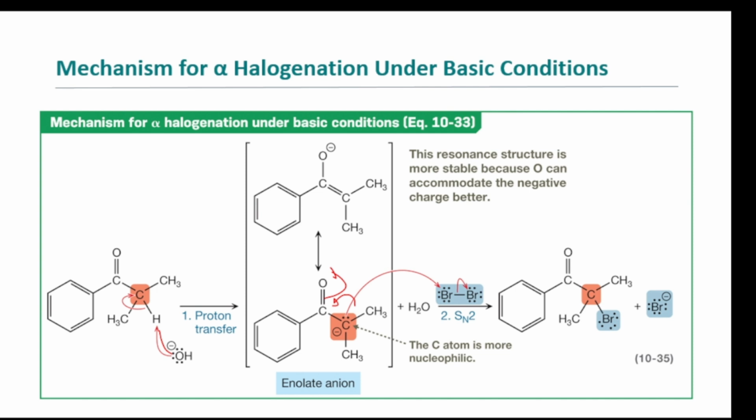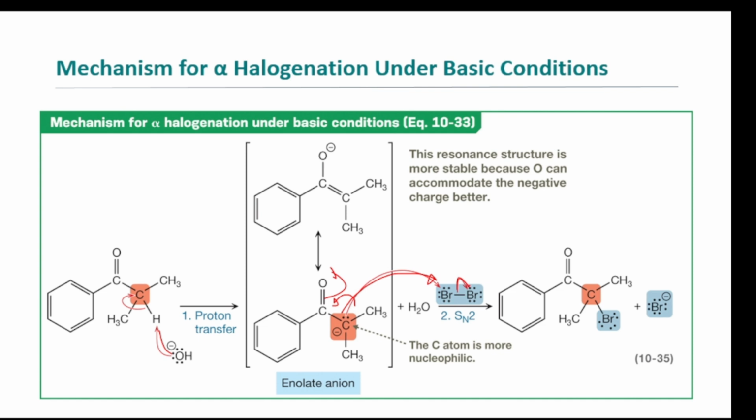The next step is that the negative charge on this carbon is going to attack a Br, because Br bonded to another Br is neutral, and bromine has a pretty good electronegativity. It's going to leave the bond over on the other Br. Notice that this is actually an SN2 style reaction, except it's the reverse of what you normally think.